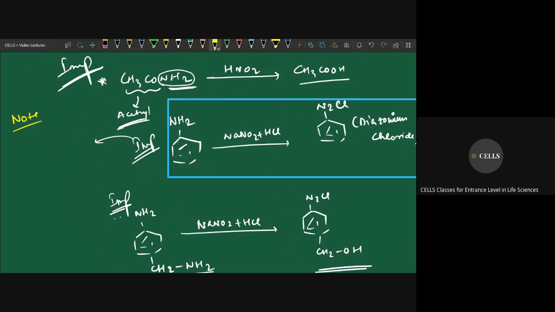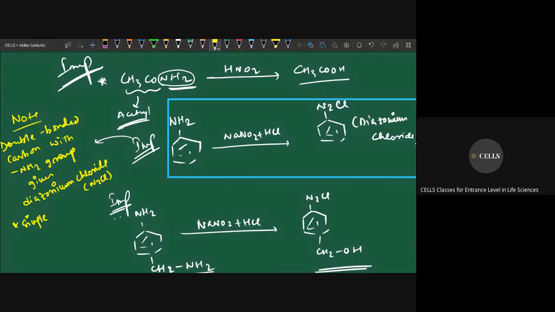Note: double bonded carbon with an NH2 group gives diazonium chloride, that is N2Cl, and single bonded carbon will give alcohol.